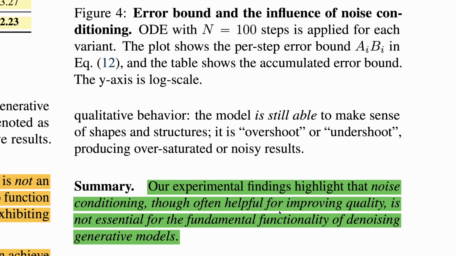For example, if you design a new architecture, it may be difficult to add noise conditioning because maybe you already have different conditioning on other modalities. It could happen. They say that it's helpful. We've seen that it's not always the case. Some models are better without it, but usually it's helpful. It improves the FID a bit, but it's not a fundamental, critical component.